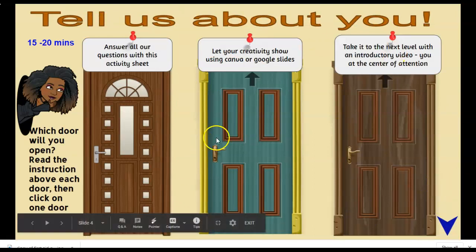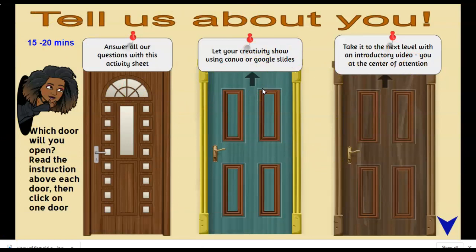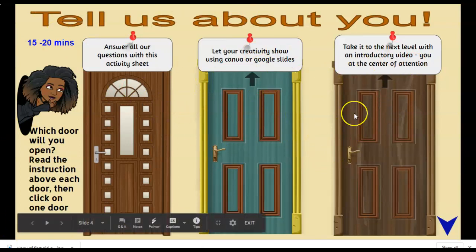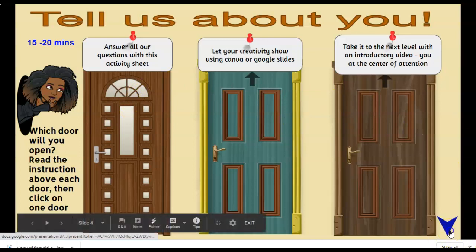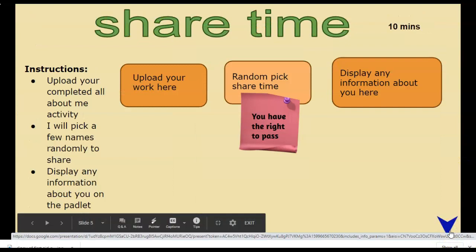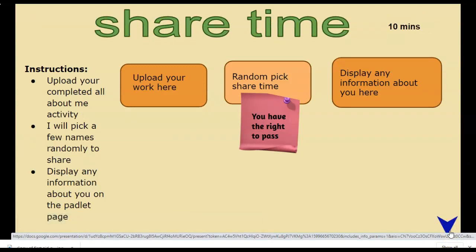And if you notice here now, we're looking at all about me activities, and we're giving the students choices, so you can put things there and the students can decide which one they want to pick, and it just makes it a little bit more interesting for the children. And if we can make it interesting for the students, why not?